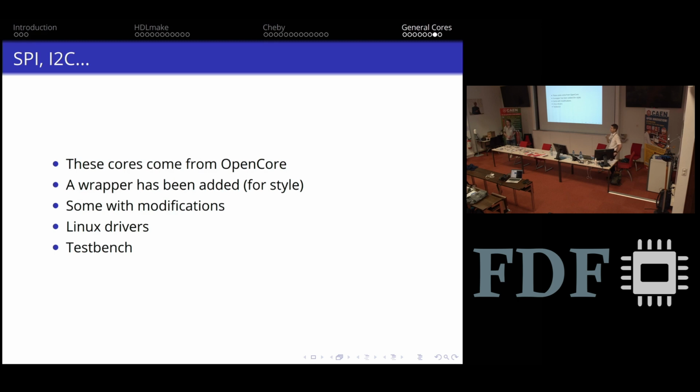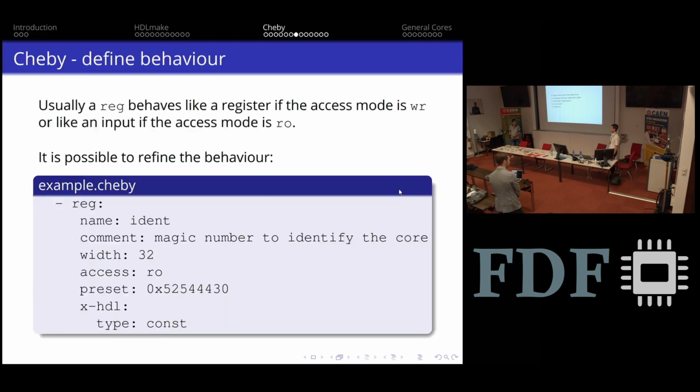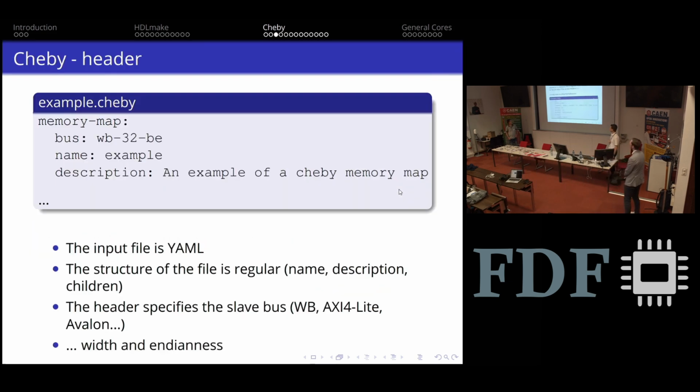I have a question. On Cheby, you showed the description of the bus side as the example. What does it look like from the HDL side? What's created on that side? That's something I didn't speak about.